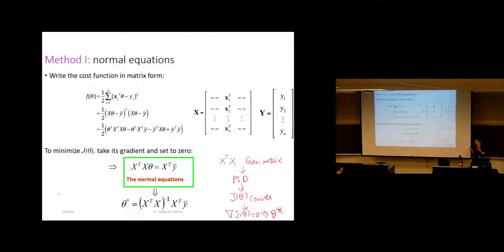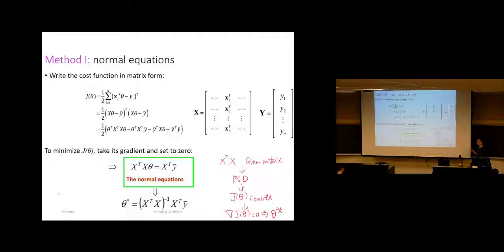When a function's Hessian is positive semi-definite, and even more, in this case, if X is full rank, you can guarantee the Hessian of our J theta function is positive definite. Positive definite means positive curvature, and it's strongly convex. Our J theta function is guaranteed to be strongly convex. That's why, if you just take the gradient equal to 0, you get the global solution. J theta is a good function, so that's why this works.